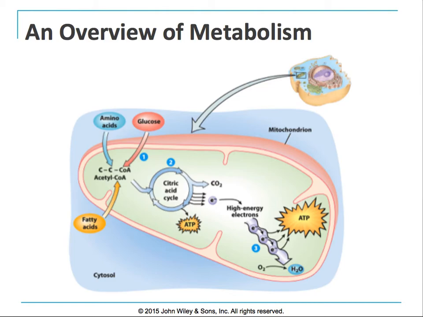And a brief overview of metabolism. This is a blown up picture of a cell. You'll remember from one of the very first slides of this lecture where the cell falls in as a unit of organization in our bodies. We have the larger cell.